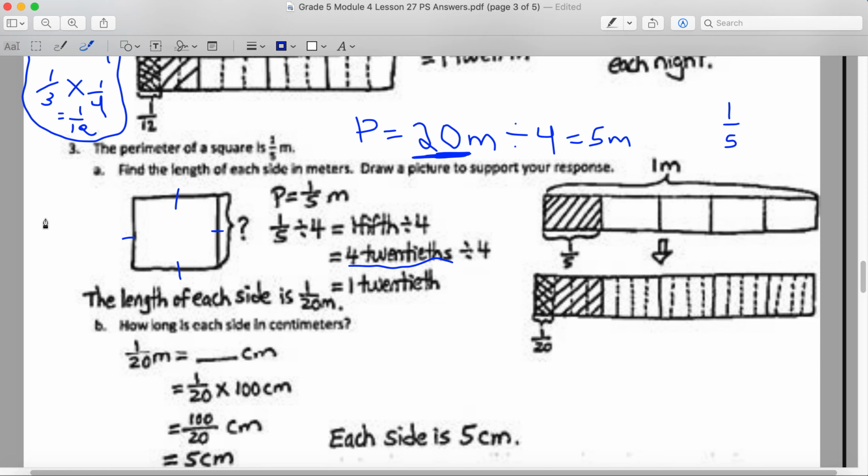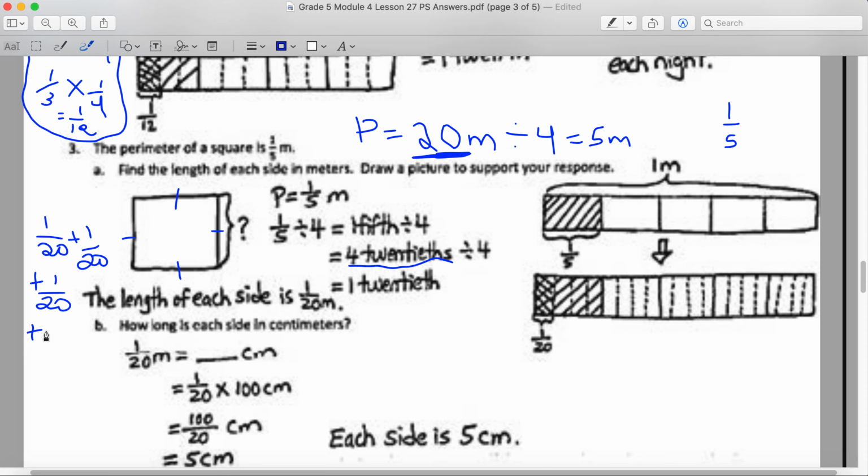Well, why don't we test that? Because I'm doing perimeter, if I add 1/20 up 4 times, what do I get? The 1/20 represents the sides, the 4 sides.